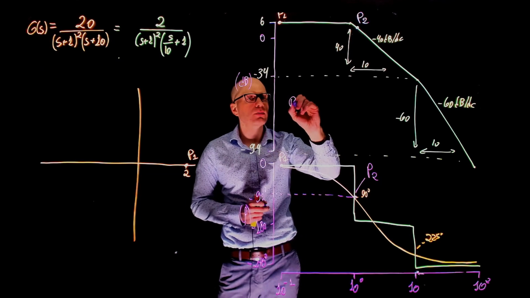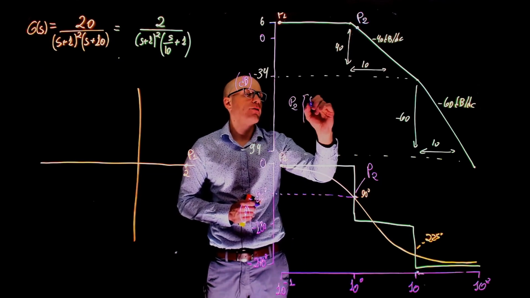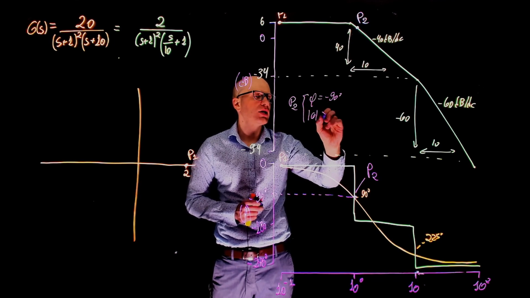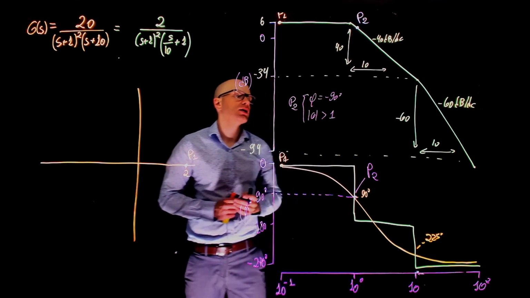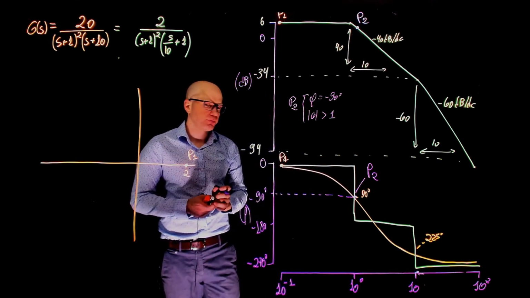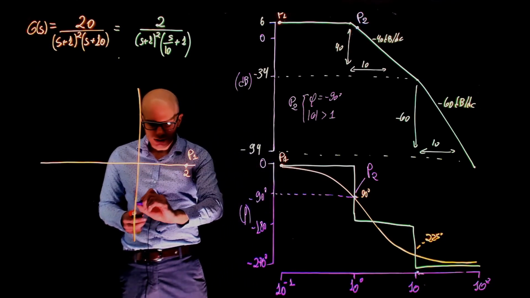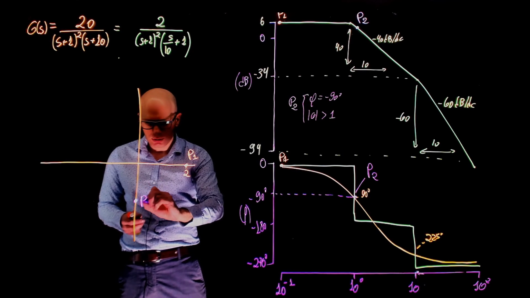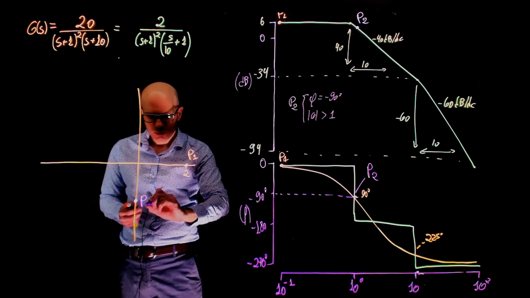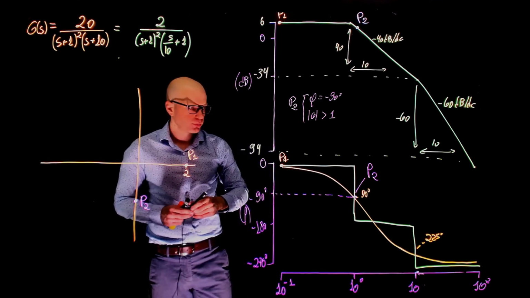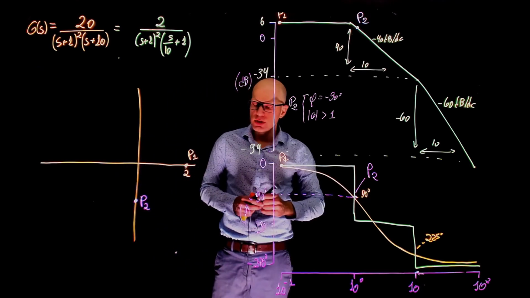At P2, we have a phase of negative 90 degrees, and we have a magnitude that is greater than 1. What exactly it is doesn't matter at this point. So it should be at around, let's say here, this is point P2. Let's continue to increase the frequency.